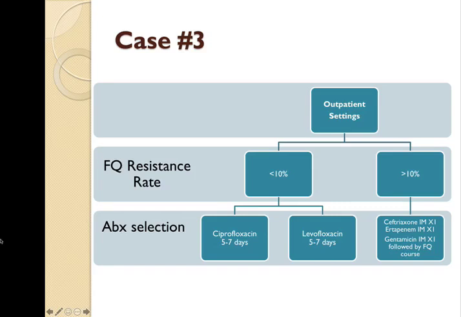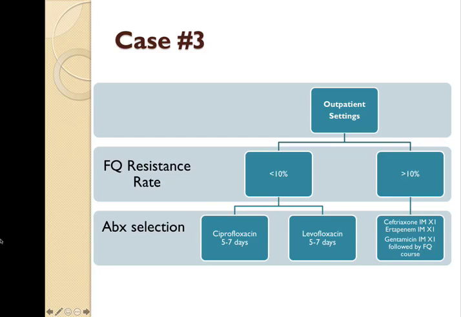The patients that are treated in the outpatient setting in communities with a high rate of fluoroquinolone resistance should receive, on day one, intravenous ceftriaxone or ertapenem, or intramuscular gentamicin or tobramycin can be used as well. This can be followed by a fluoroquinolone course if the patient is stable.